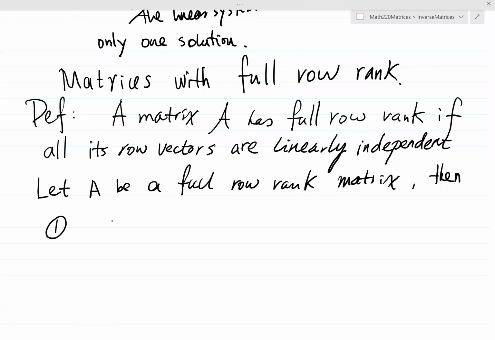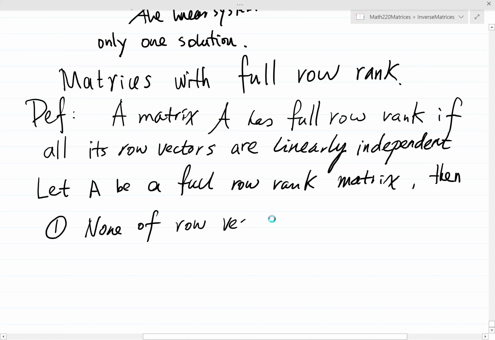So A cannot have a row of zeros. That's trivial.